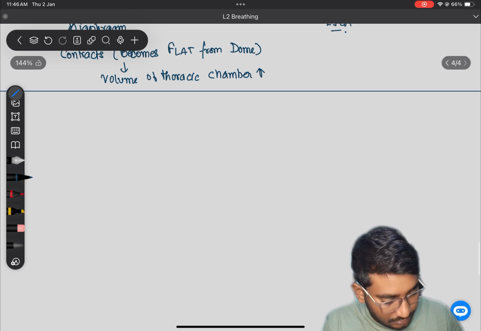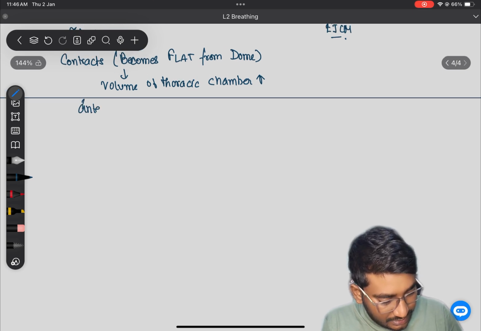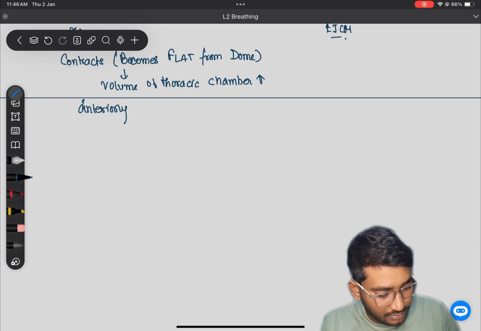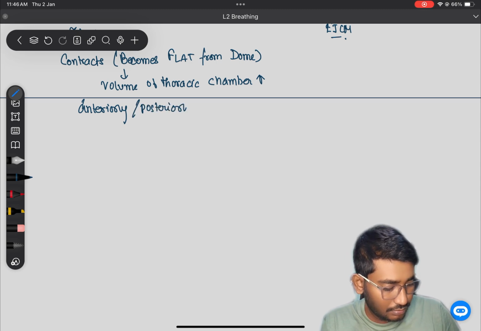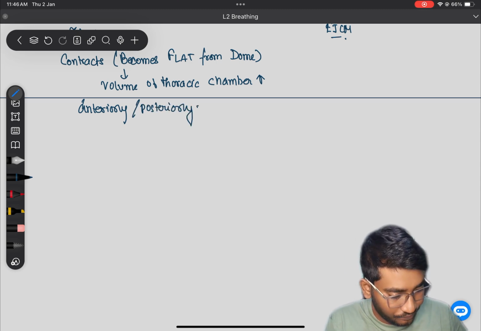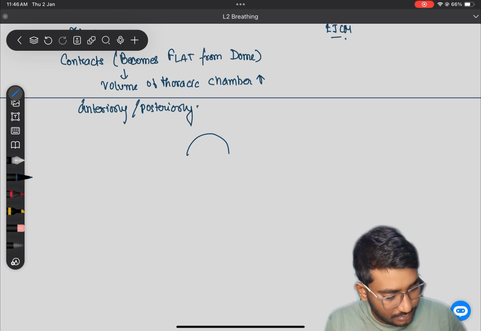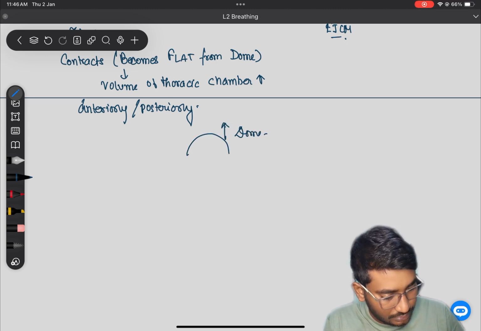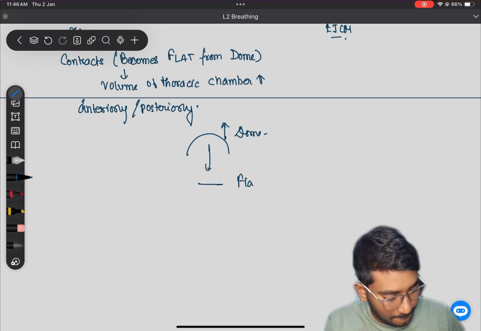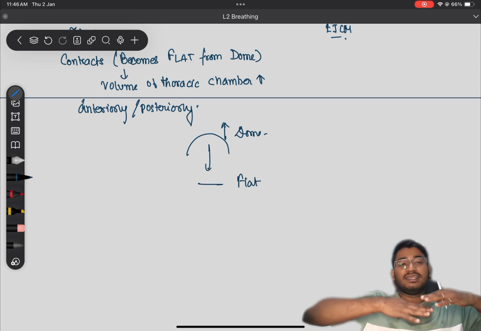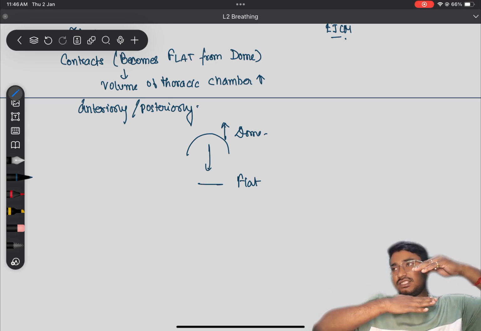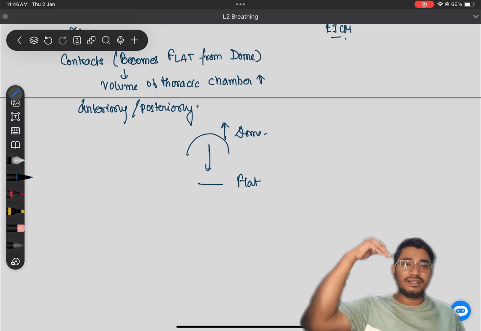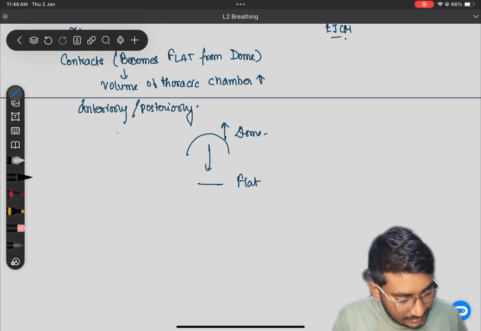The volume of the thoracic chamber increases anteriorly and posteriorly. As it gets flattened, the volume of the thoracic chamber increases, so the pressure decreases.